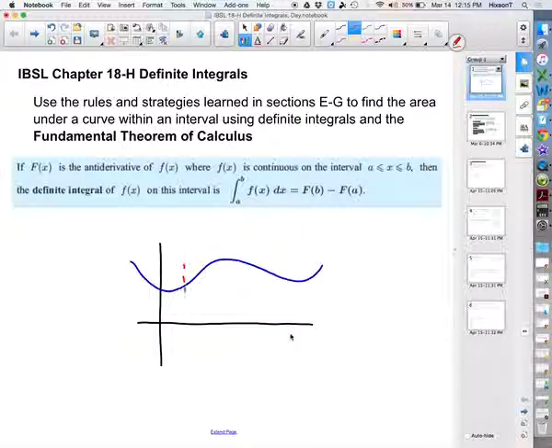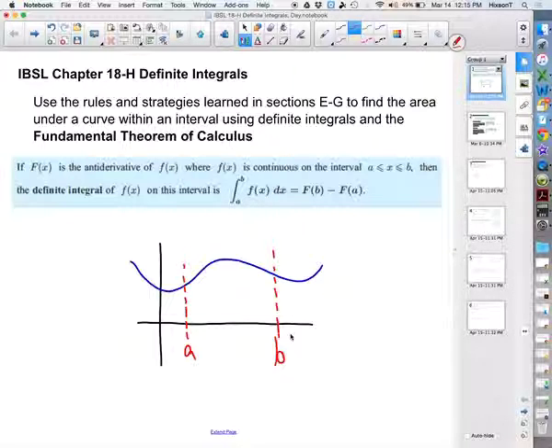Here's our interval. Here's a. Here's b. Our function does have to be continuous over that whole thing. If you have an asymptote in the middle, you cannot find the area. If you have an undefined point, you cannot find the area.